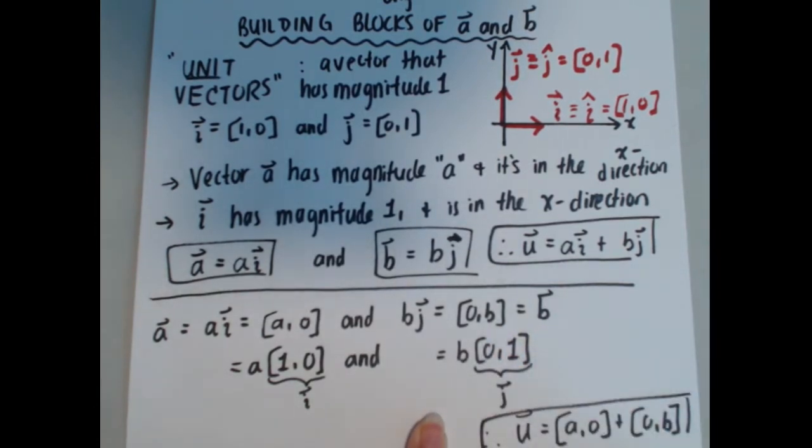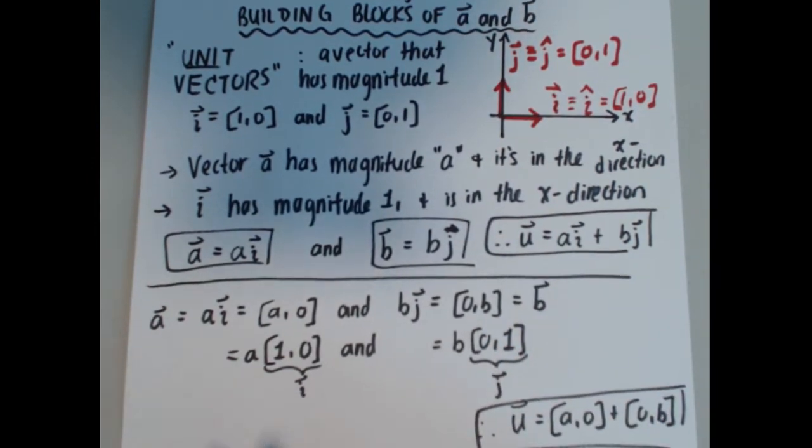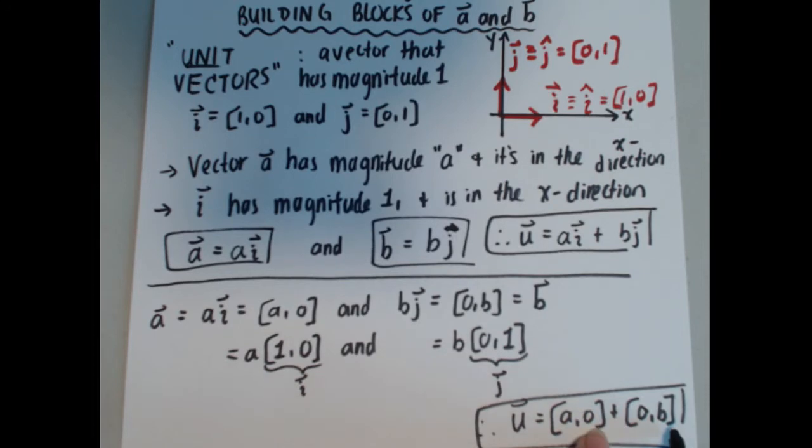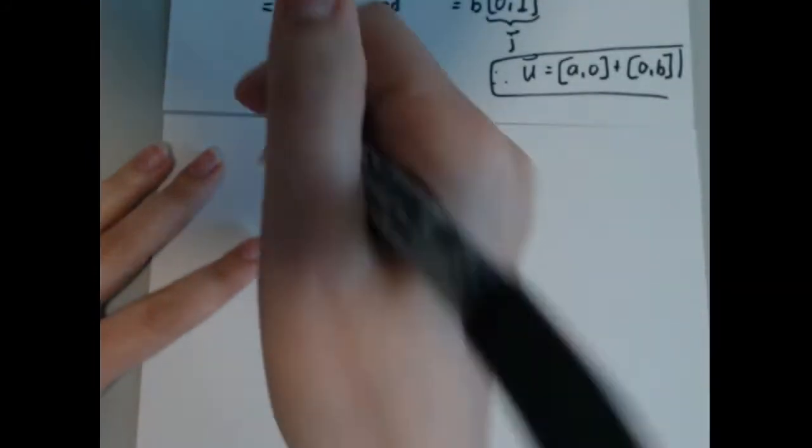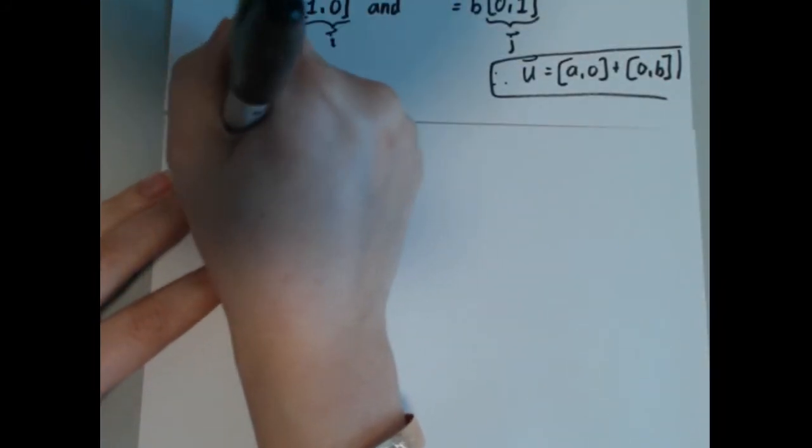There are so many ways to represent vectors that are all equivalent to each other. Looking at this representation, I actually have the vector components visible. So when I add vectors, I have to make sure that I add the x components together and the y components together. I'm going to show you another way of looking at that in the next example. So we're going to look at how we add vectors.